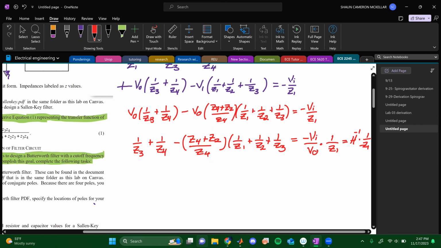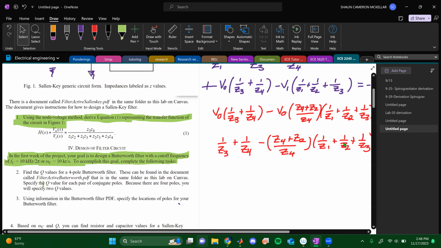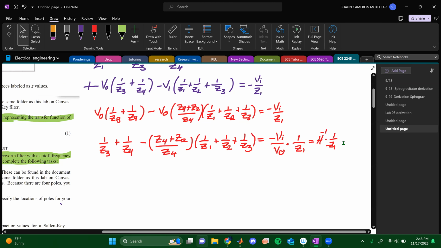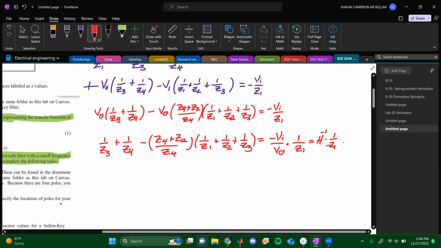So now the thing to do is to start and simplify this left-hand side and see if we can get it to more or less resemble this step over here. And I'll move Z1 over. I'll multiply that up in a second, but let's start to collapse all of our terms and simplify now.